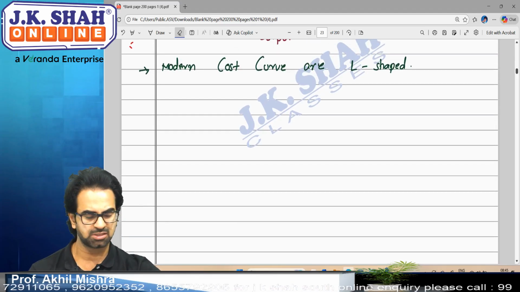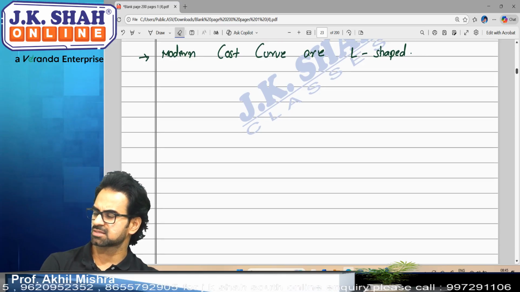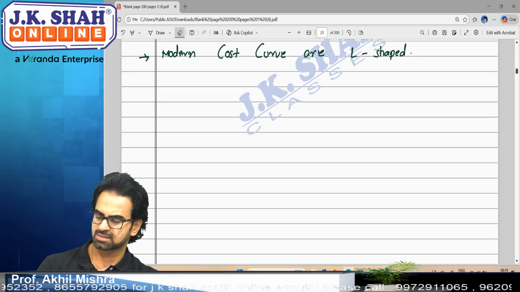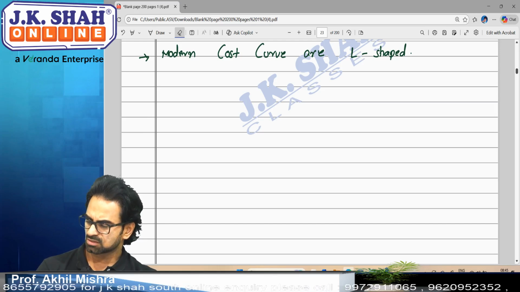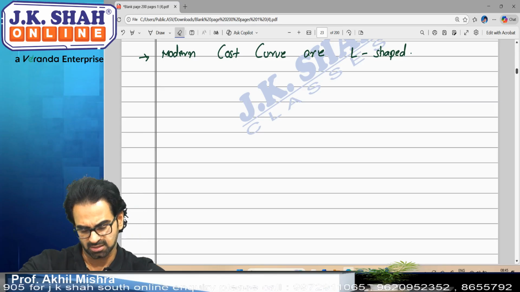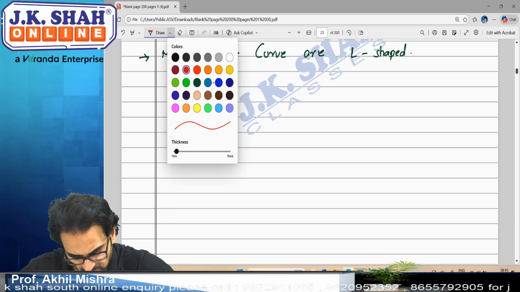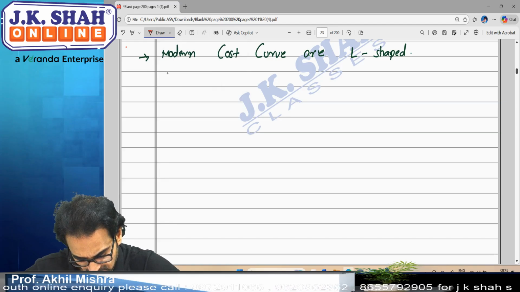Technology produces goods very fast. The production is very fast, and the cost comes down. So let me write the reason why modern cost curves are L-shaped, and then you can copy it. One of the most fundamental reasons for why modern cost curves are L-shaped.